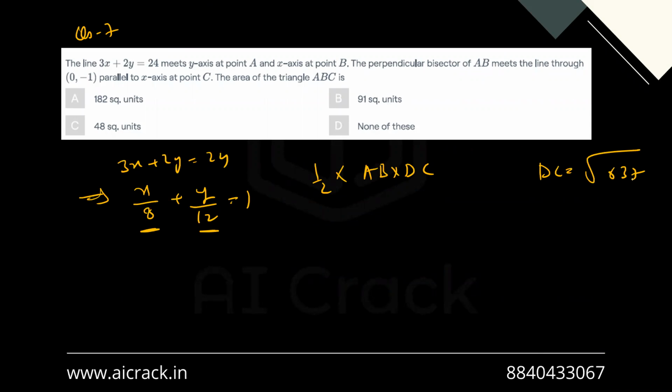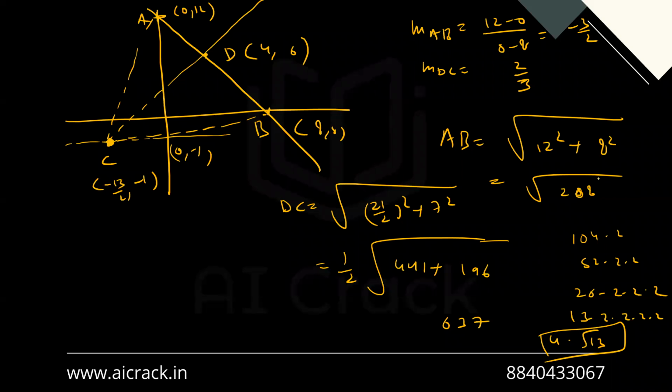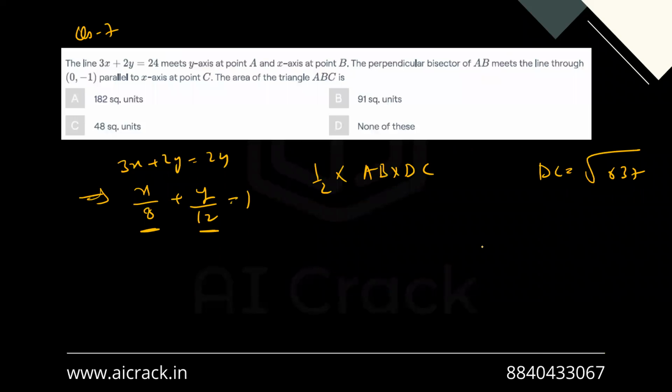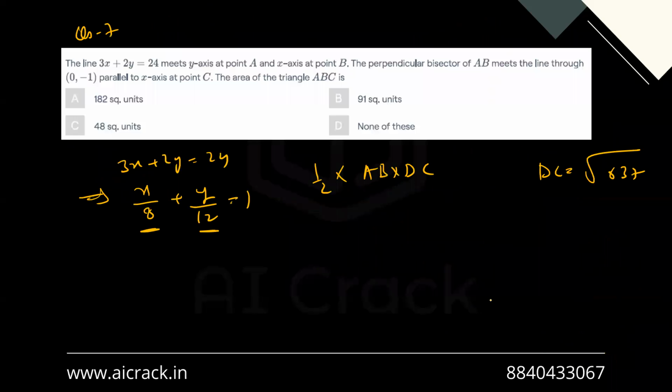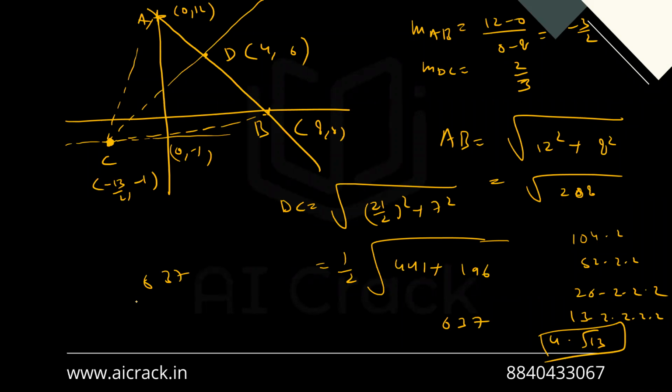Now you must be thinking you must have made some calculation mistake, but in order to get a proper value over here, this under root 13 should be eliminated, right? To get a proper value of area, this root 13 should be eliminated. So you must check once if this is divisible by 13 or not. So if you see 637 by 13, 13 times 4 is 52, and we have 117, that would be 39. So that comes out to be a good number.